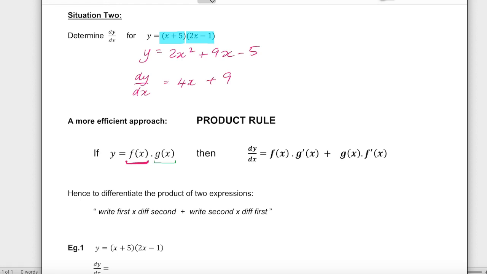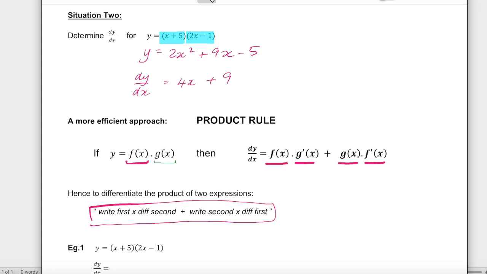We write down the first times the derivative of the second, plus write down the second expression times the derivative of the first. As we get used to writing this rule, it will become a little bit easier, but this is something that I always say to myself as I'm using the product rule: write the first times derivative second plus write the second times derivative first.